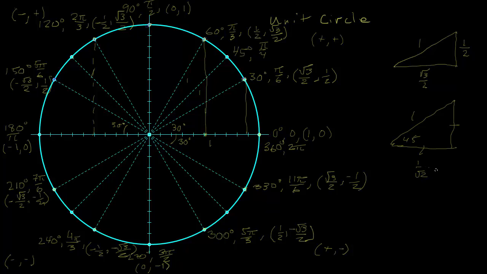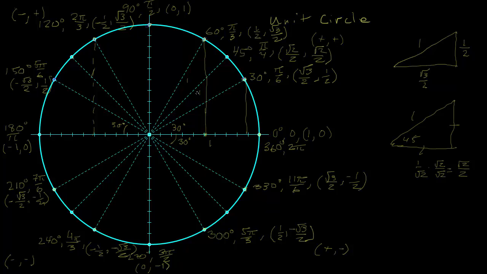We want to have that written as a simplified radical, so we'll simplify the radical, and this side then is root 2 over 2. So at these 45 degree angles, the x and the y coordinates are the same, root 2 over 2, root 2 over 2. Over here it's going to be negative, positive.